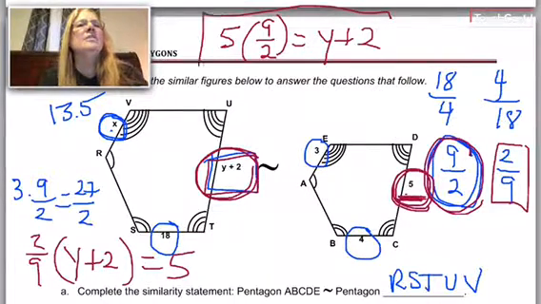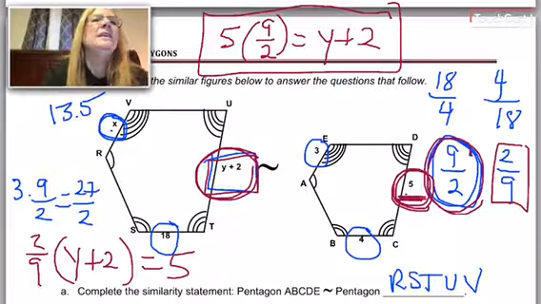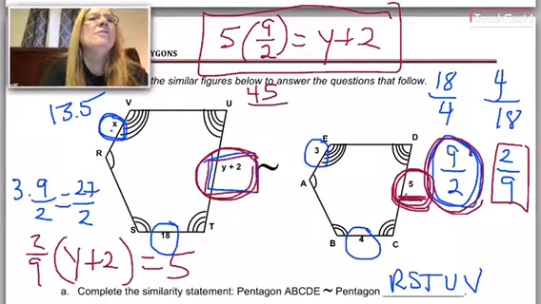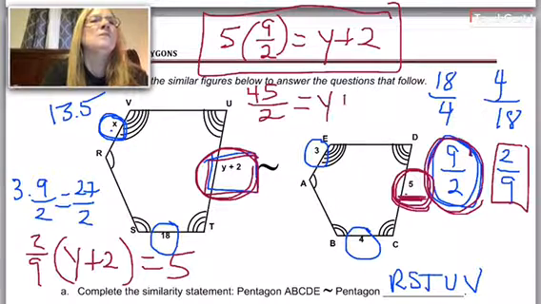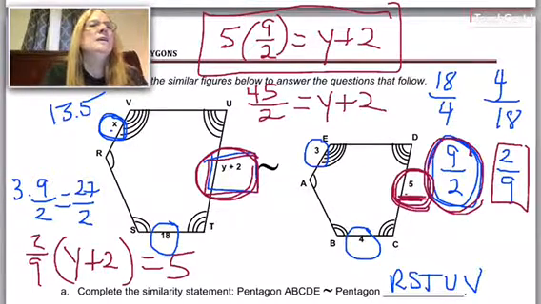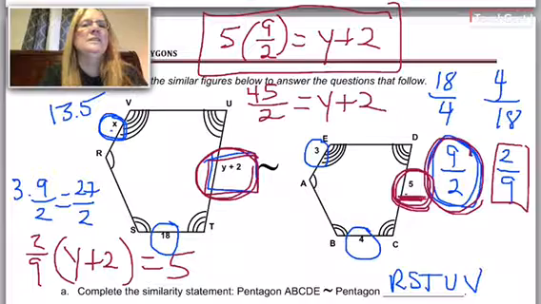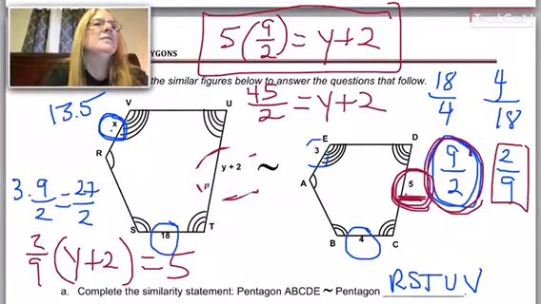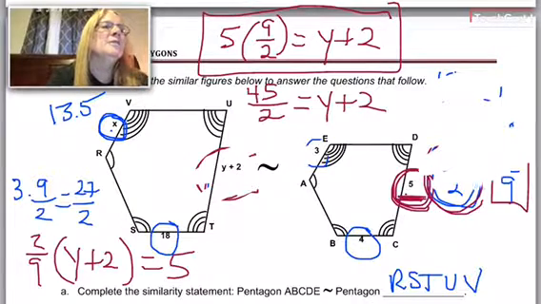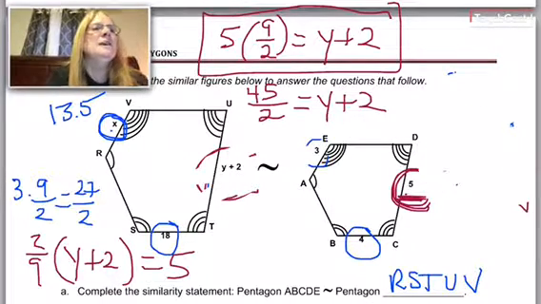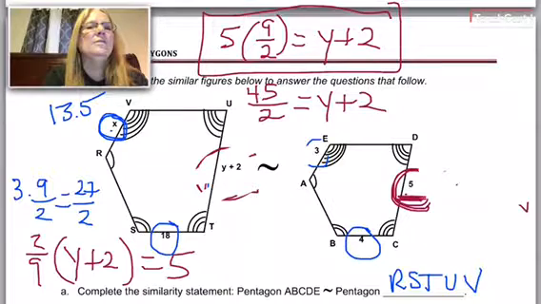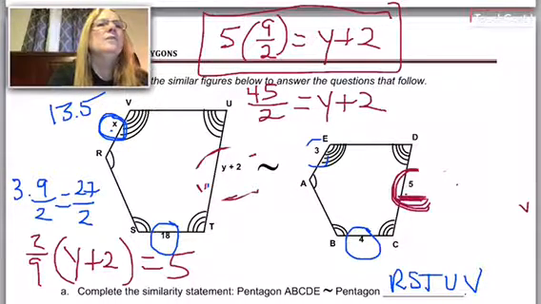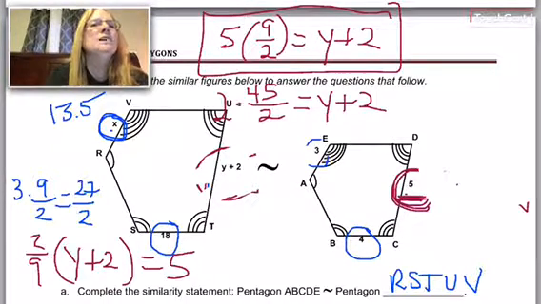Let's look up here. So I'm going to get 45 over 2 equals y plus 2. Okay, I should probably erase a little here to give us a little more room. Okay, so now if I multiply both sides by 2, I can get rid of my fraction.